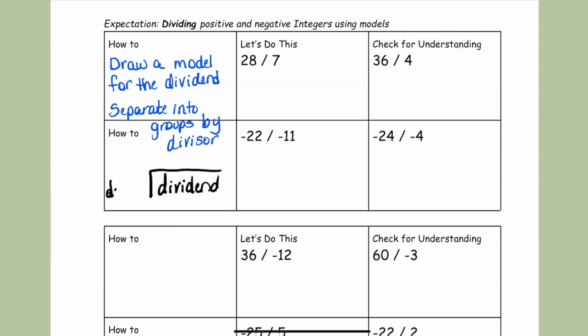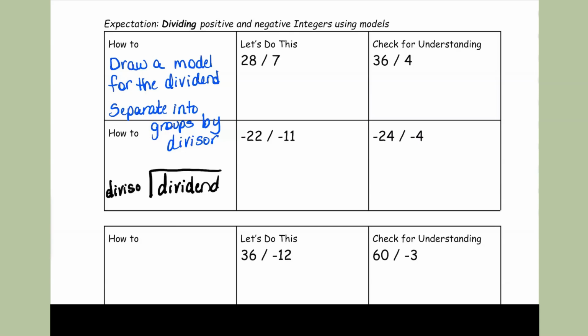The divisor is on the outside of your dividing bracket. When you have a number divided by another number, that first number represents your dividend, that second number represents your divisor. Some people remember first in, last out. So the first number goes inside, the last number goes outside.